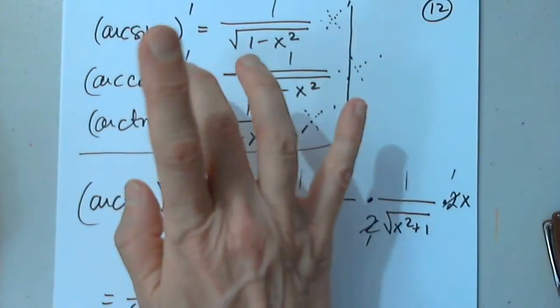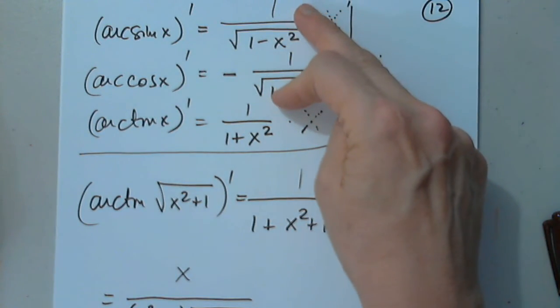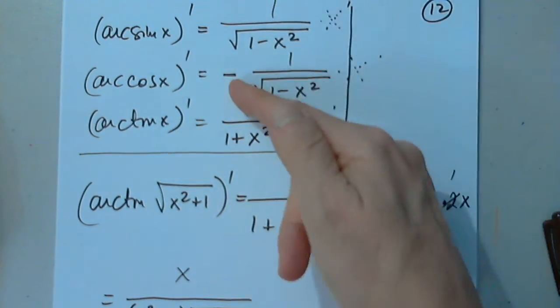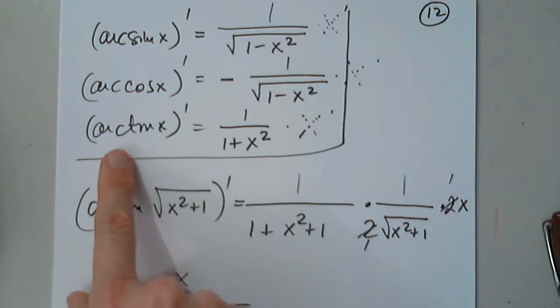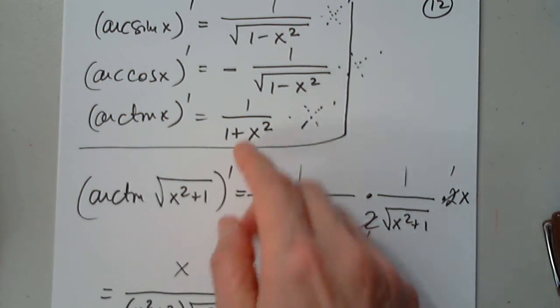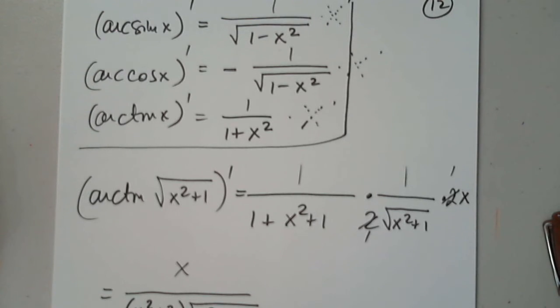Arcsine prime, arc cosine prime, very easy to remember. Same thing, with just cosine has a minus in front. And arctangent is totally different. Okay, so let's finish this up with an example. Where is my book?